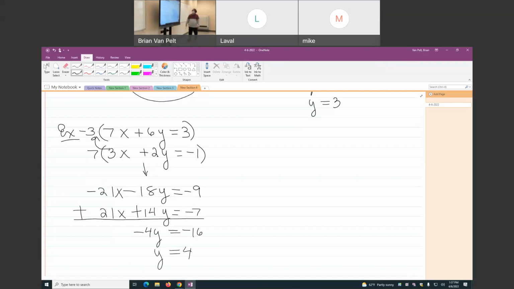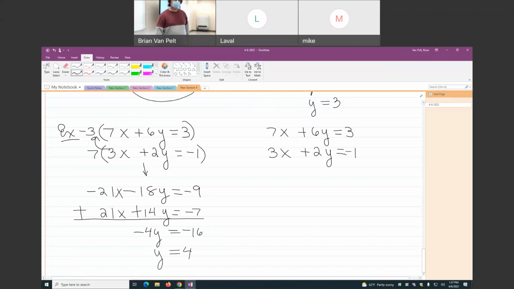Now rewrite the equation so that you can wipe out the other variable. All right, now I want to take out the y's.